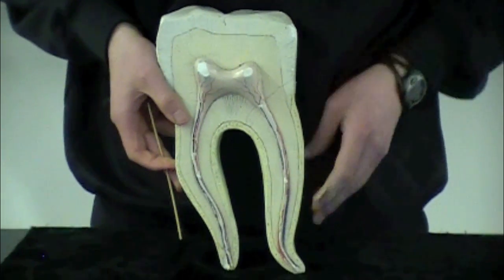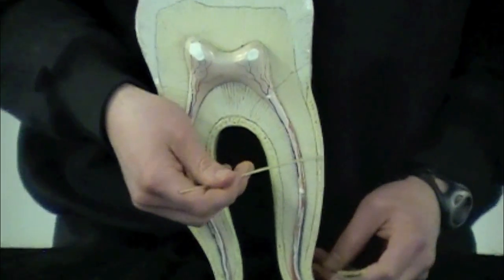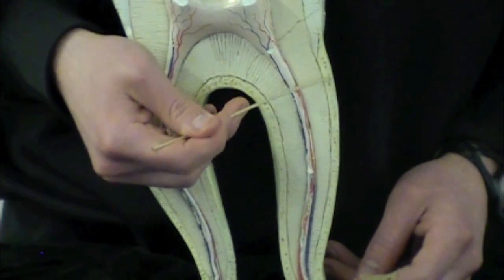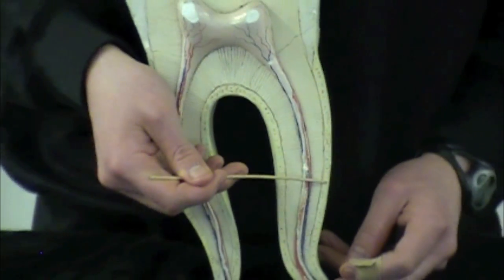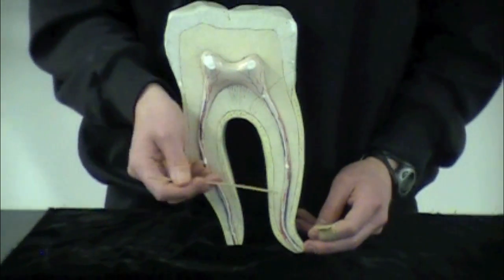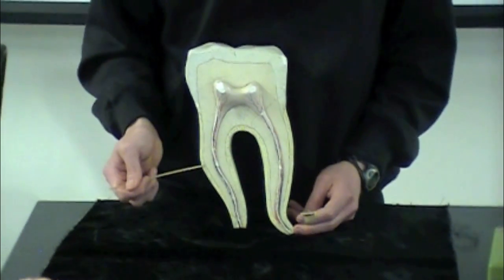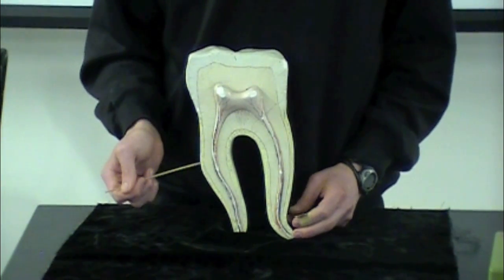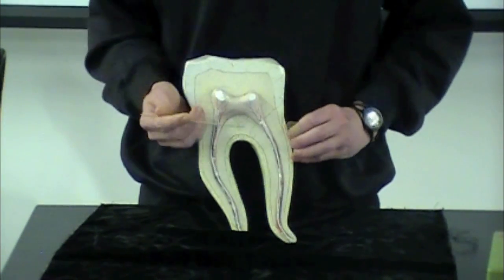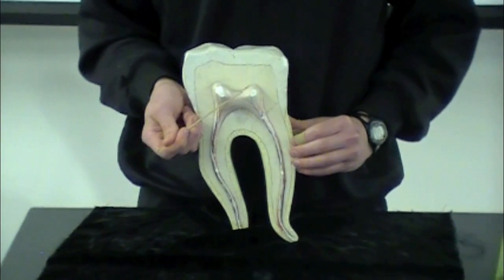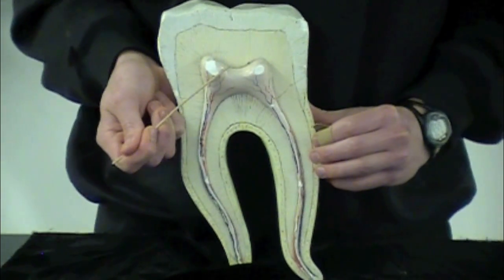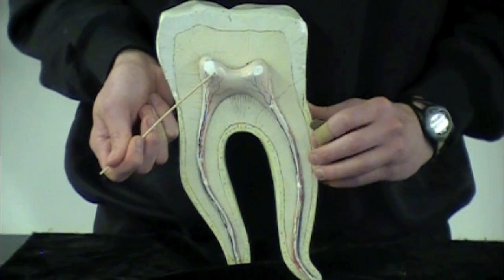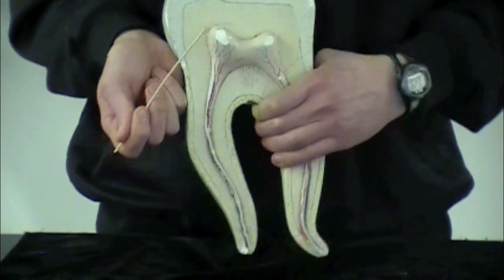Cementum is going to be what covers the root once we get deeper into the gums. So it's all this. Here, and here, and here as well. Okay. Then this structure here, this will be your pulp cavity. Okay, so that's all we got for our teeth.